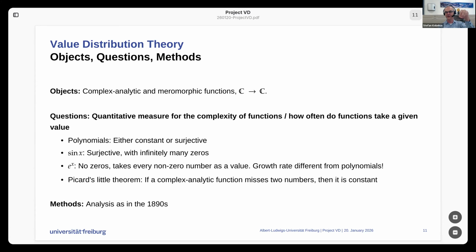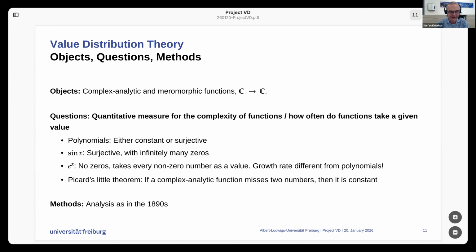Like for sine, it's evenly spaced, but it could become denser as you go to infinity. This is measured in comparison with the growth rate, and this gives the quantitative measure for complexity. Why anybody wants that, I will mention in a few minutes.